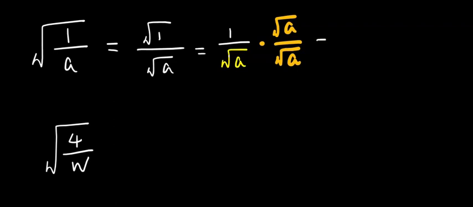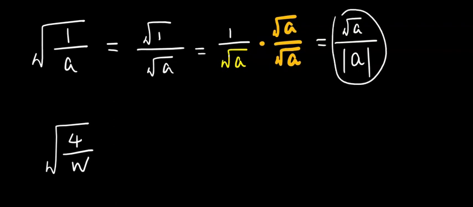So the denominator is square root of a times square root of a. And don't just write down a, you write down a in absolute value. Why? Refer to the rules we talked about many times in the first part of this video and the previous video. And now 1 times the square root of a, that's square root of a. Now we call it all done.